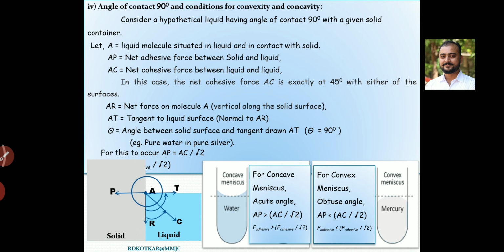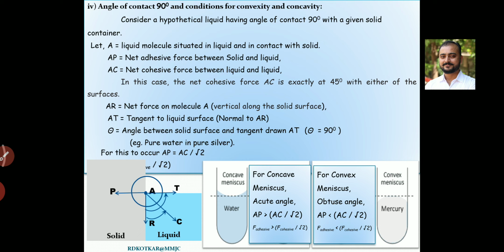The obtuse angle is formed there, and the condition between the cohesive and adhesive force is represented as AP should be less than AC divided by root 2. Meaning the adhesive force should be less as compared to the cohesive force by root 2.